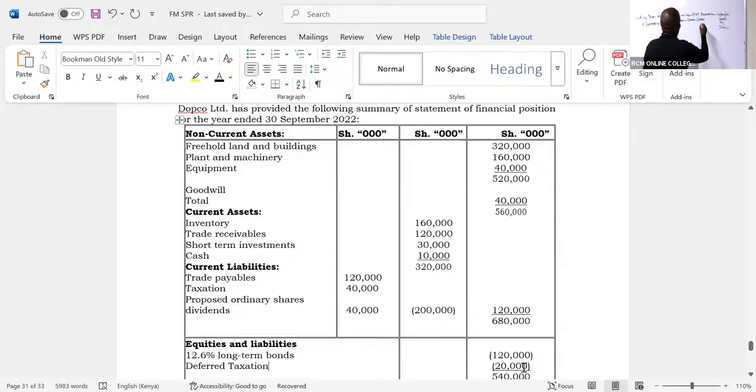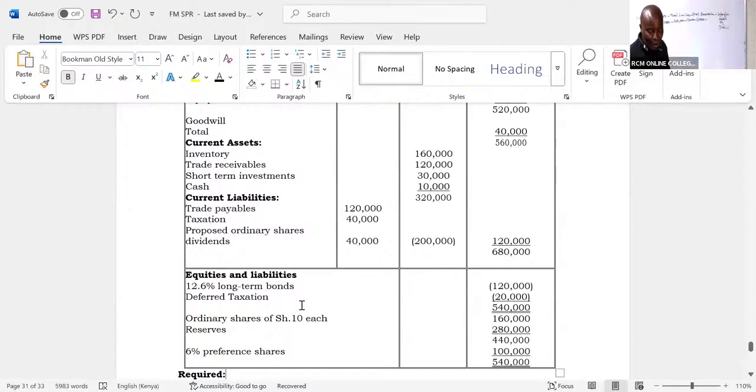And then, do we have any preference share capital? Oh, yes, we do. If there is, then we shall always deduct it. You can see we have 6% preference shares, 100,000. So minus 100,000.